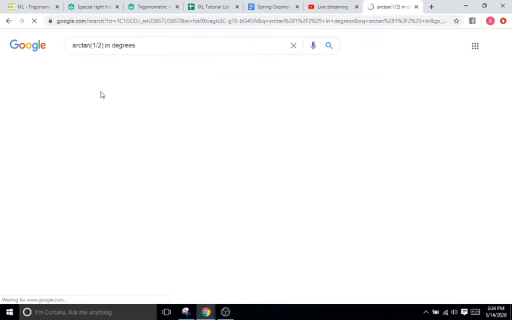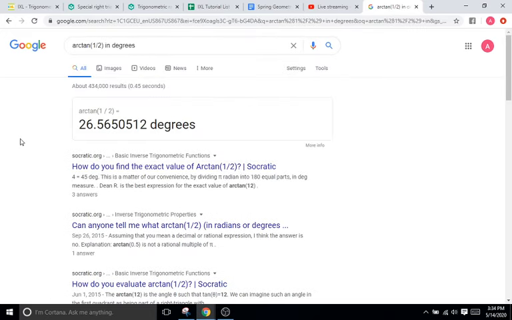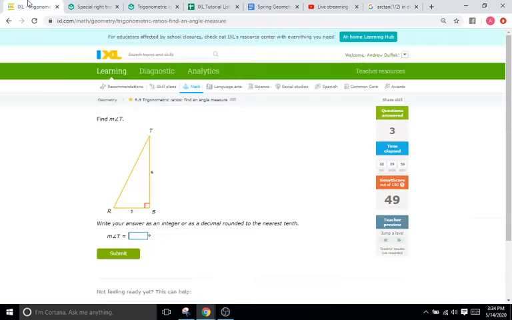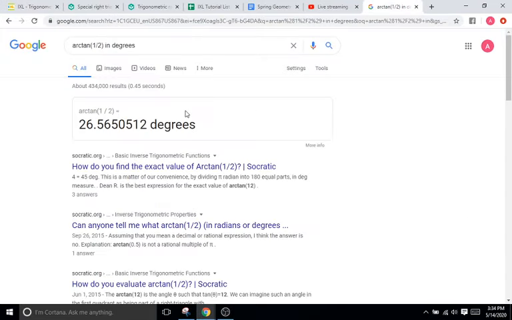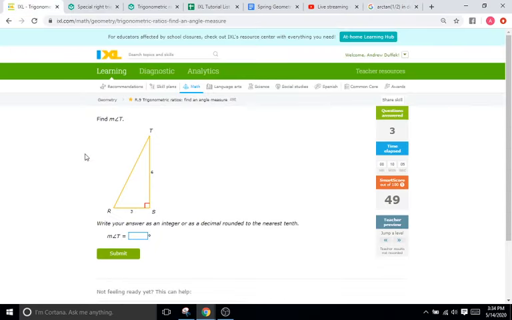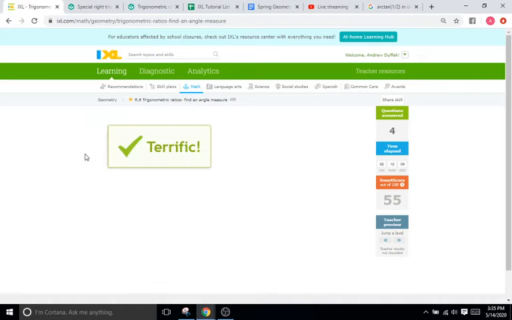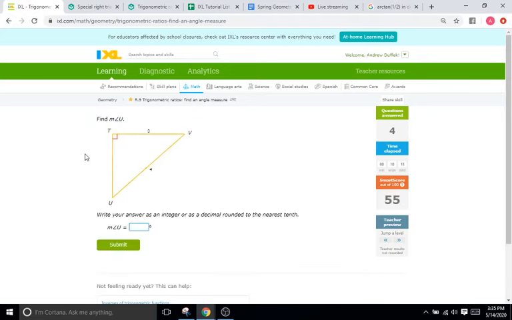I'm going to do it in degrees. There we go. So converting that into degrees, it's 26.57 degrees. It says round to the nearest tenth, so really it's going to be 26.6. So we have 26.6 degrees. Okay. Let's do a little harder one.